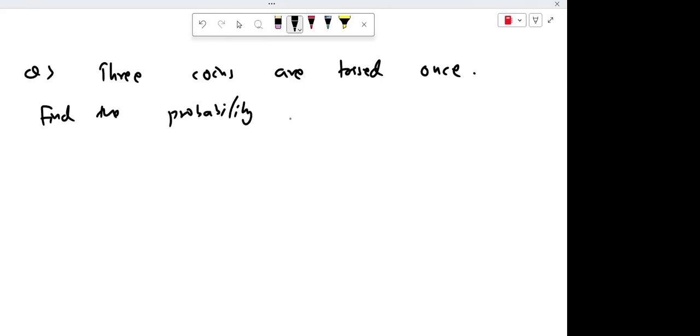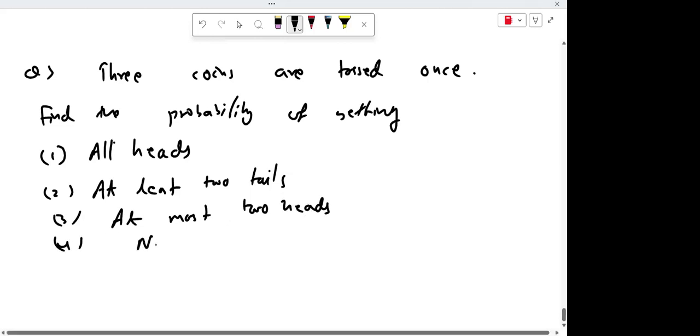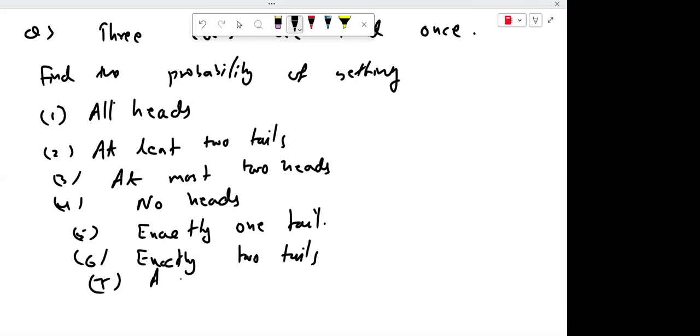Find the probability of getting all heads, at least two tails, at most two heads, no heads, exactly one tail, exactly two tails, a head on the first coin. Okay, that is all this. Yes, sir.